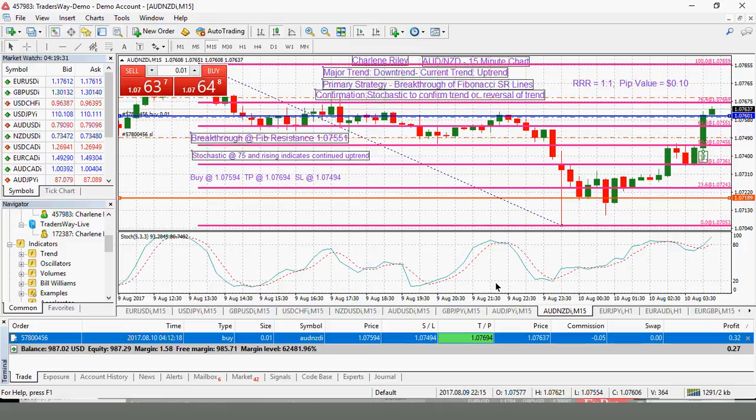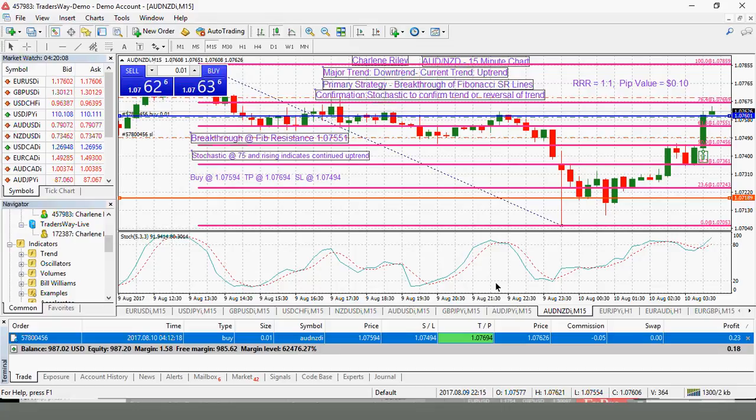But that is my strategy in action, looking for a breakthrough of support or resistance. In this case, we had the breakthrough of resistance at 1.07551, and I had confirmation of the uptrend continuing from the stochastic. And so that led me to enter into a buy.